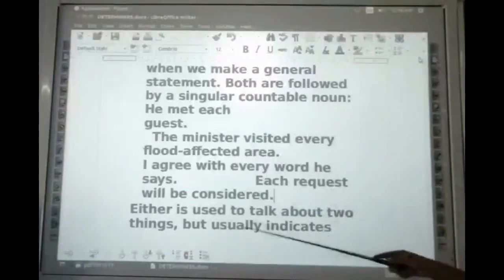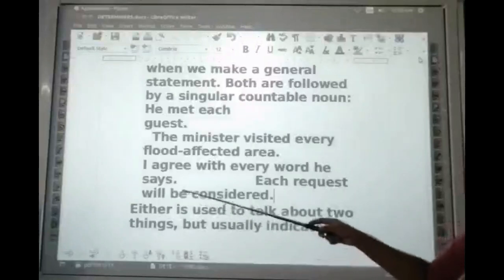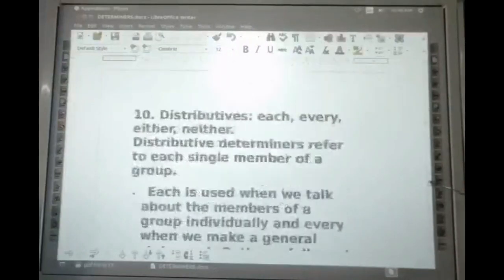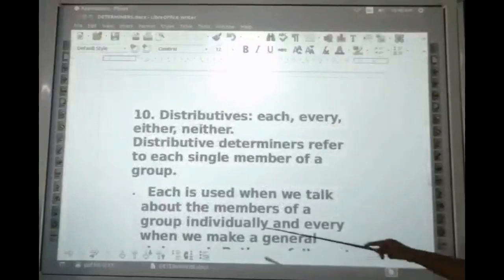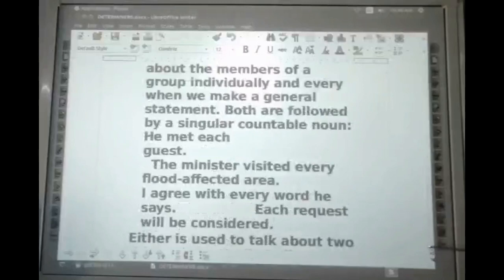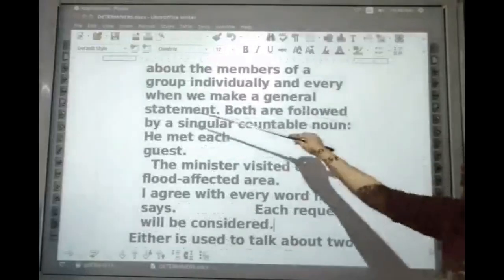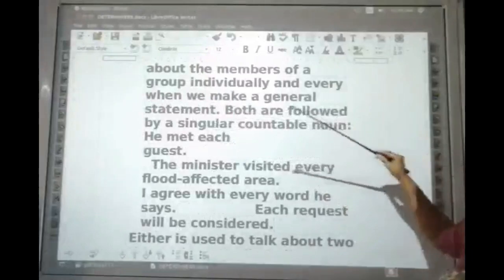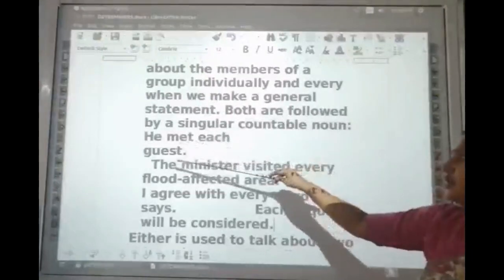Now let's take another example. Individual and every, when we make a general statement, both are followed by a singular countable noun. He met each guest.